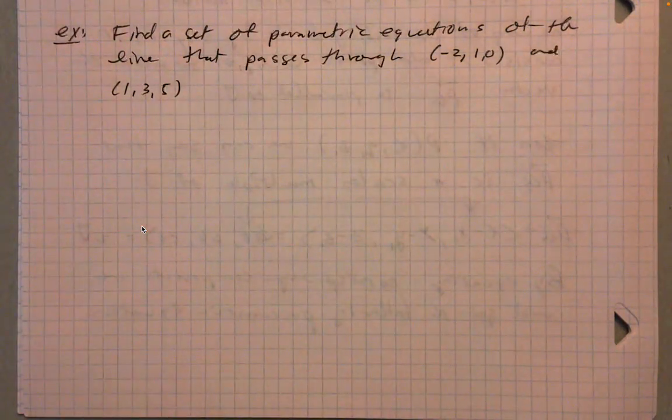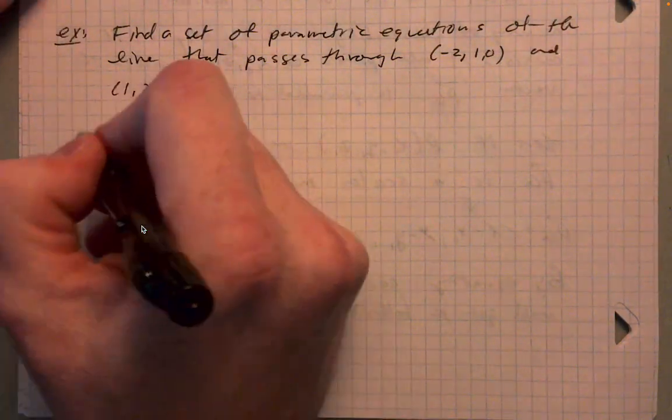So I've got two points in space, and it's going to be a line going through those. We want to write down the set of parametric equations to describe that line in space. First thing we're going to need is a direction vector.